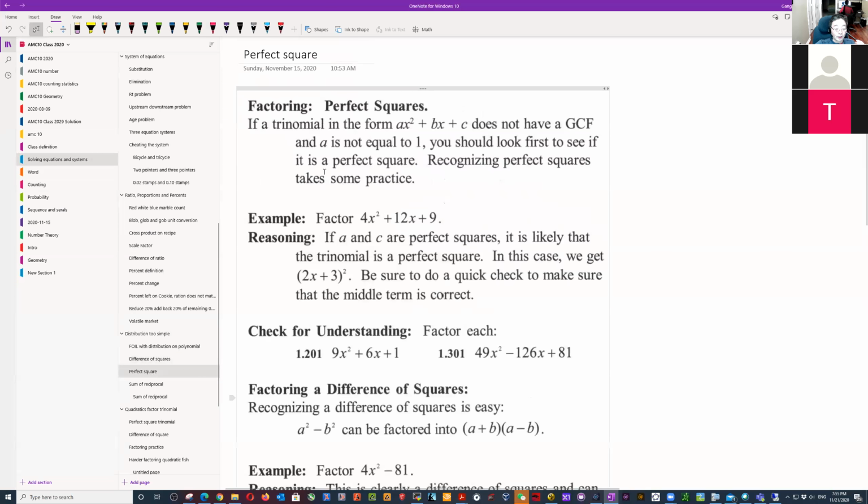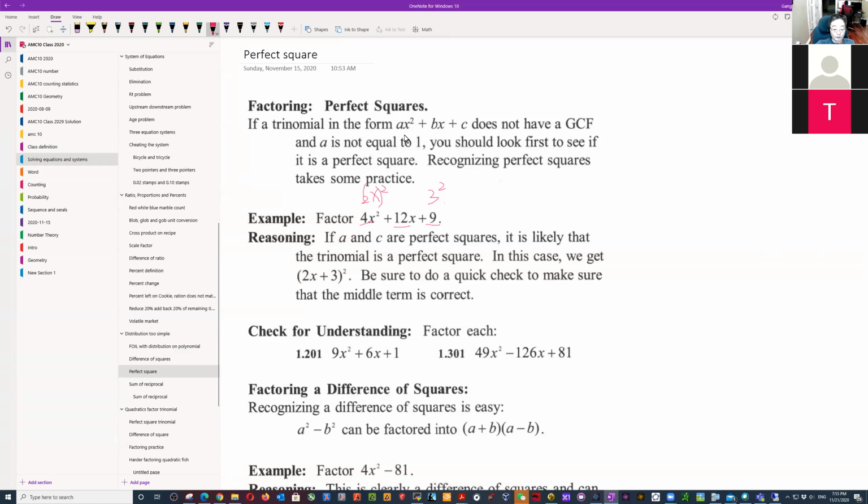And then here comes another famous one, the perfect square. To check the perfect square, for example, you just have to make sure the first term and the last term are each a perfect square by themselves. This is 2x squared. This is 3 squared.